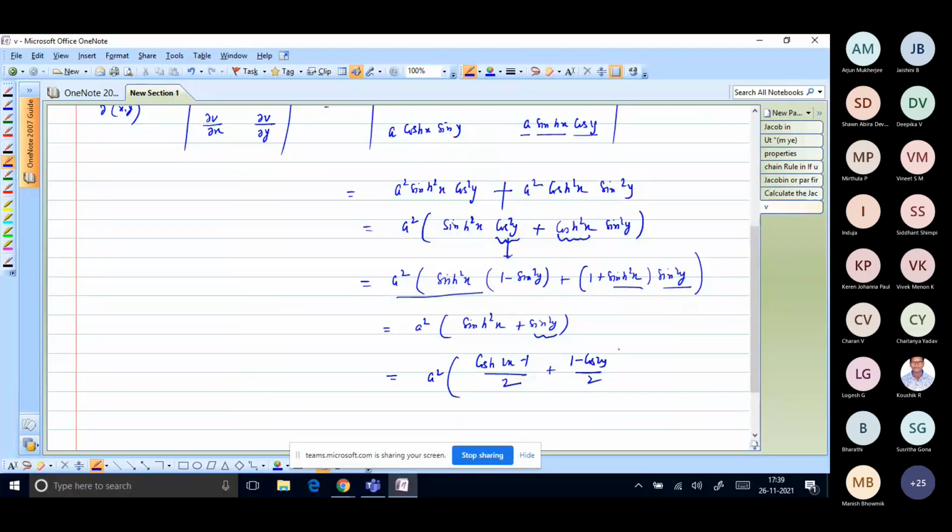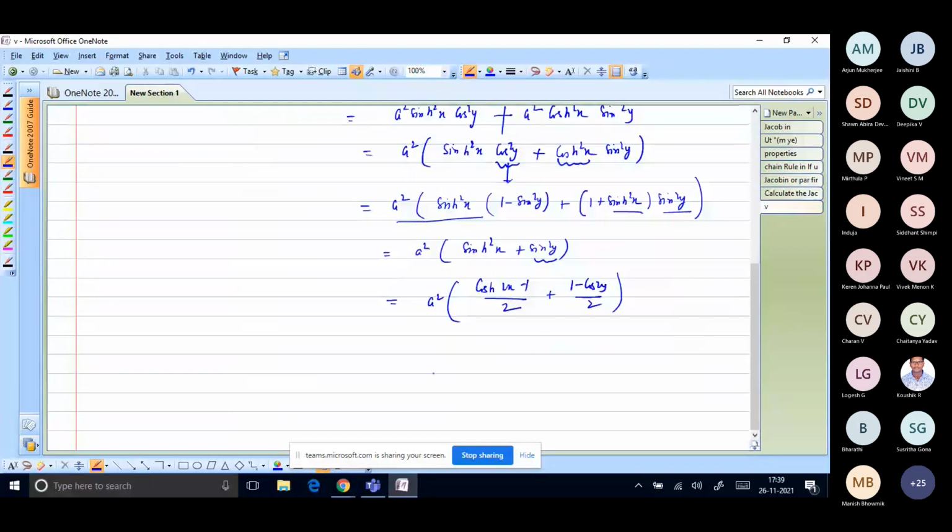So 2 in the denominator can be taken outside. So I have a square by 2, and minus 1 plus 1 gets cancelled. I have cos hyperbolic 2x minus cos 2y, and this is your right hand side.